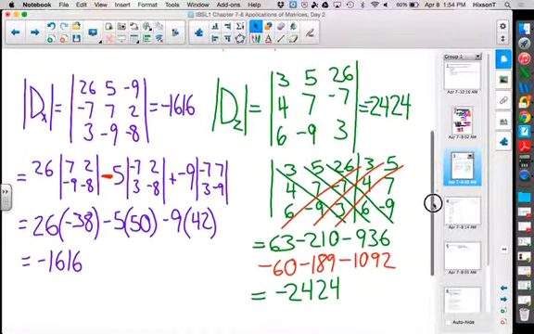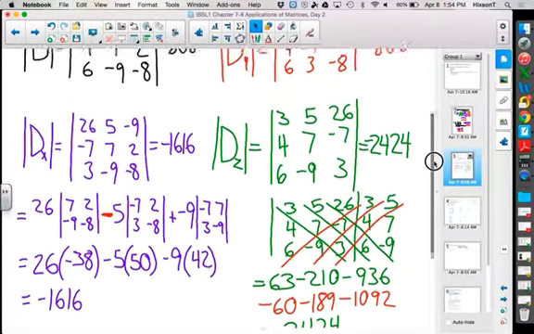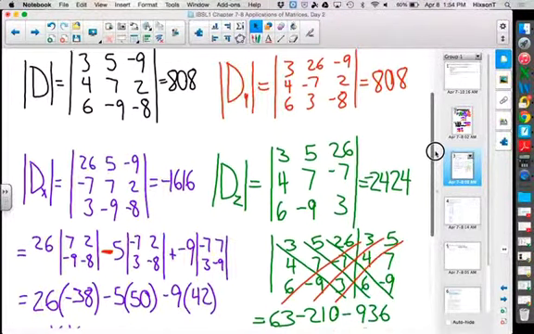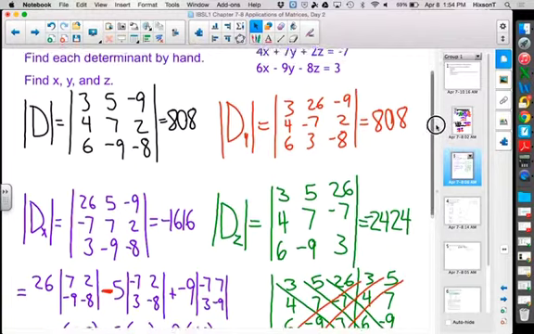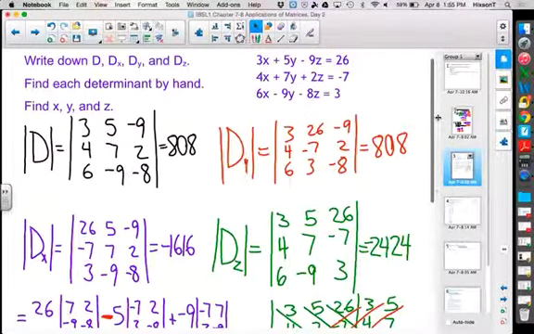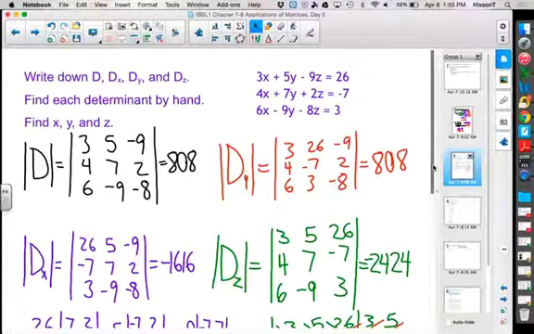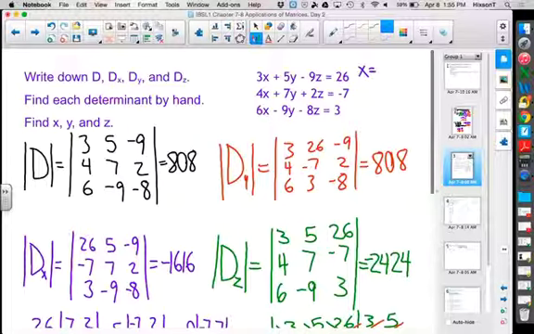Now, all of that just to get us to where we can actually give our answers. I'm going to put the answers up near the top here. So first of all, x. x equals negative 2 because it's negative 1616 over 808. D sub x over D, that's a negative 2.